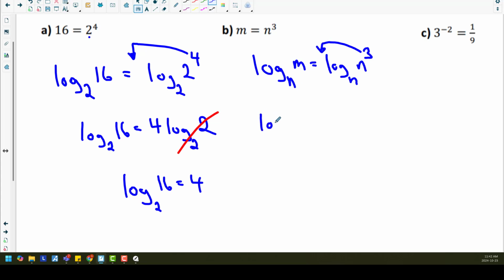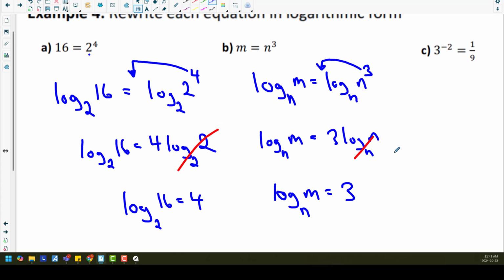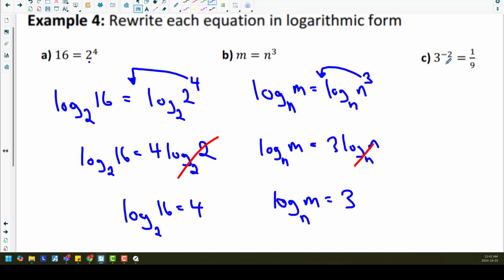So this is 3 log base n. And we know that log base of a number, that same number, is just 1, cancels out. So here we have log base n of m is equal to 3. And that is how you rewrite it in terms of a log expression or log form.